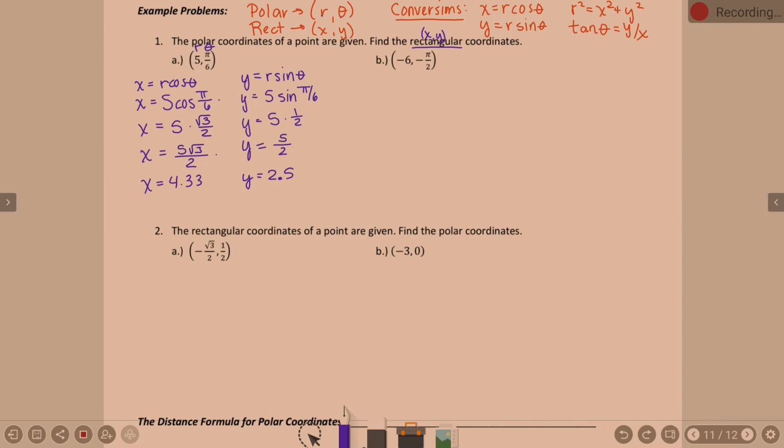So rectangular coordinates, you could write it as one of two ways. We could say it is 5 square root of 3 over 2, comma 5/2, or it is the decimal 4.33, comma 2.5.